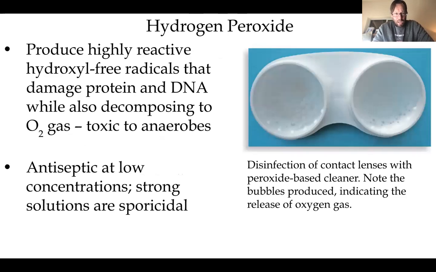Hydrogen peroxide. Again, it's a radical, so it's going to damage protein and DNA. It's going to attack the molecular structure of these very important biomolecules. Okay, it's going to take off hydrogens, and when you do that, when you take off something, even if it's a little hydrogen, you change that molecule.